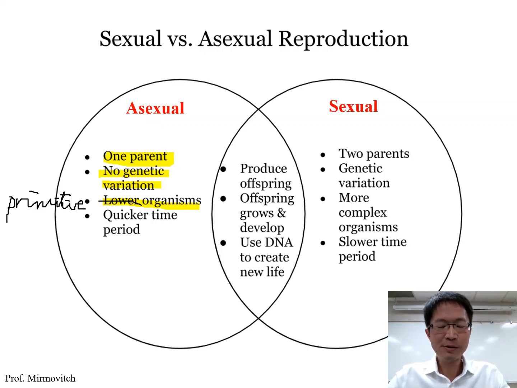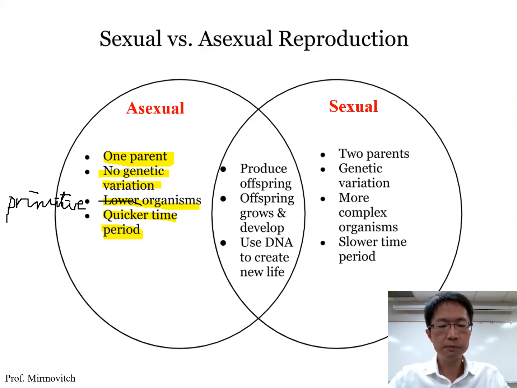Yeah, so the word primitive relates to the history of development, and quicker time period. Yes, this is I would say the biggest advantage. Quicker period. Reproduction using asexual reproduction is a very fast process. The daughters mature fast.